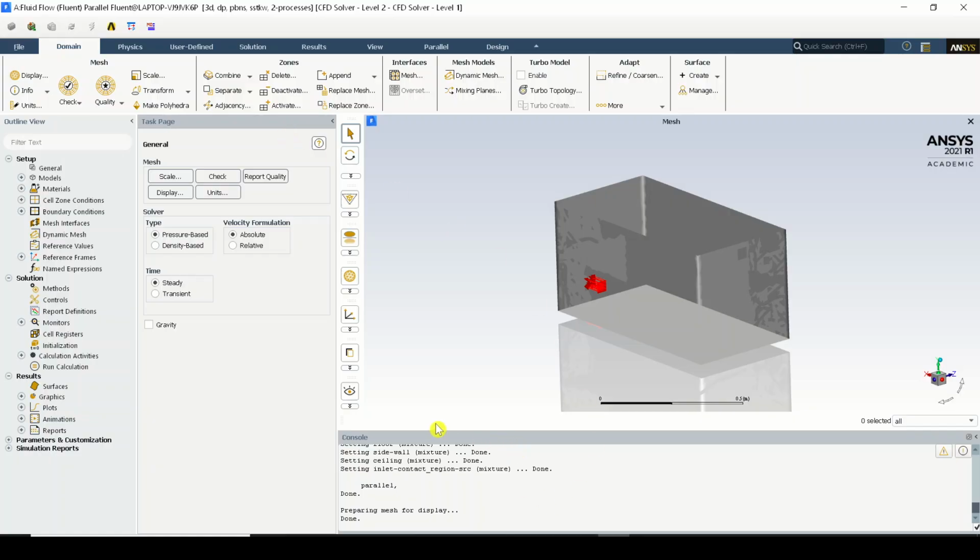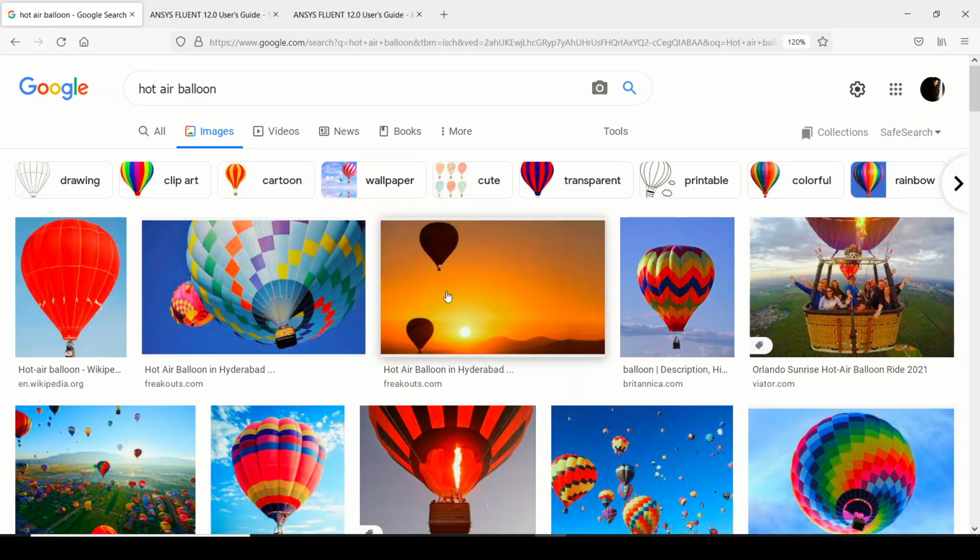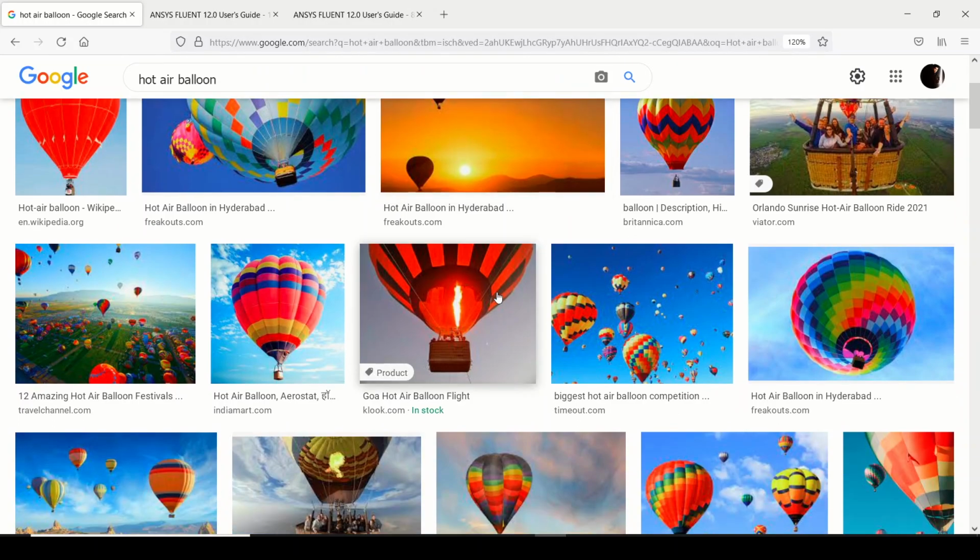And before discussing the physics setup for this kind of flow, I would like to show you something on the screen over here which you are probably aware of. In general terms we call it a hot air balloon, and you must have seen this flying object in real life or on your television screens, the internet, or any cartoons as well.